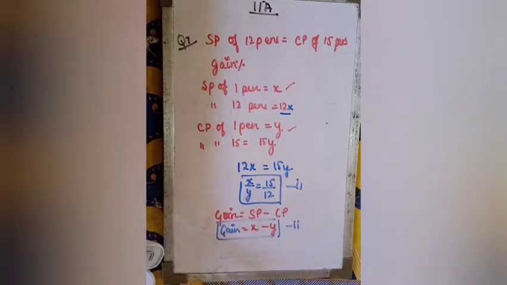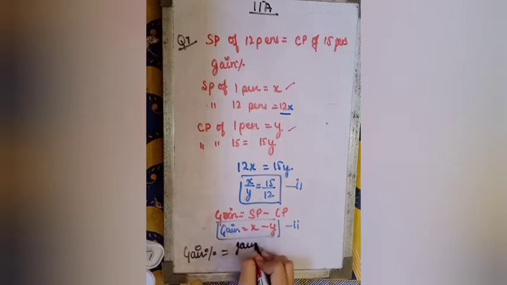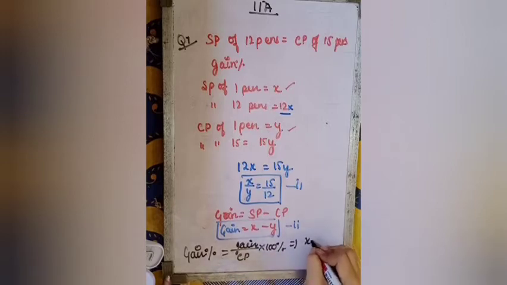Now we have to find the gain percent. The formula for gain percent is gain upon CP into 100%. Gain is X minus Y, CP is Y, into 100.